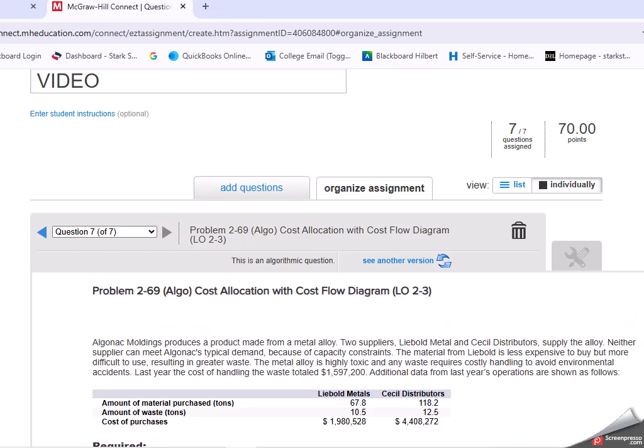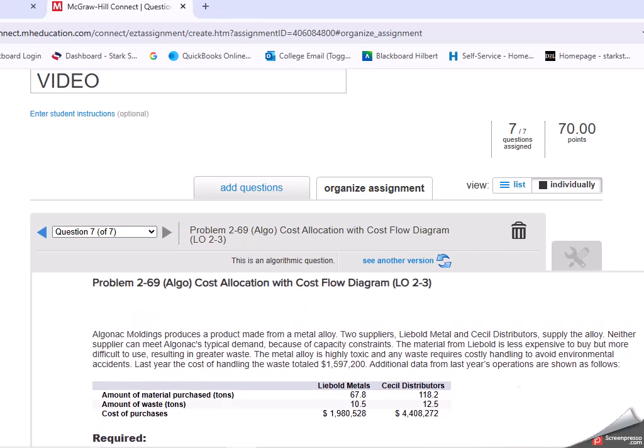Okay, then we have a product that we're going to try to allocate some costs to, I believe, in this one. So they produce a product made with metal alloy. They have two suppliers who supply it. Neither supplier can meet their demand because of capacity constraints. The material from Leibold is less expensive to buy but more difficult to use, resulting in greater waste.